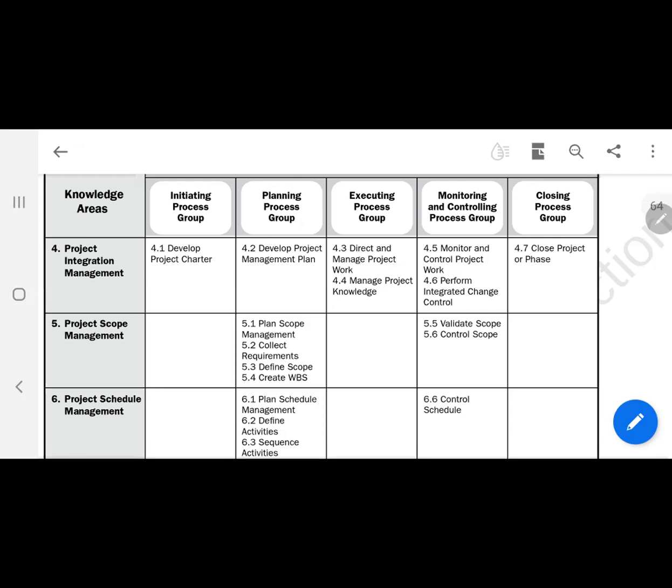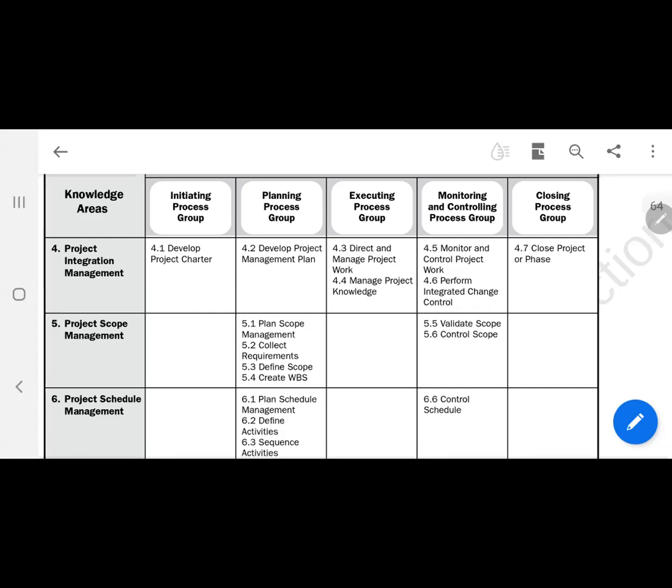And if the change request is approved, then it will go out as the output, approved change request. Then the approved change request will go back to direct and manage project work as input and is going to be executed. That means the change that has been approved at perform integrated change control is implemented at direct and manage project work.